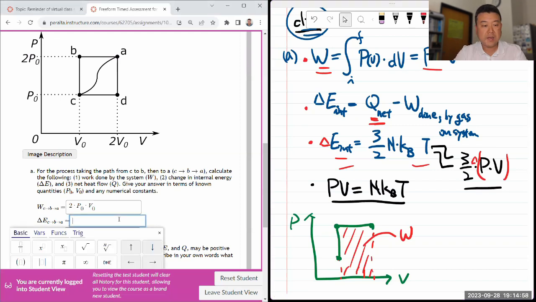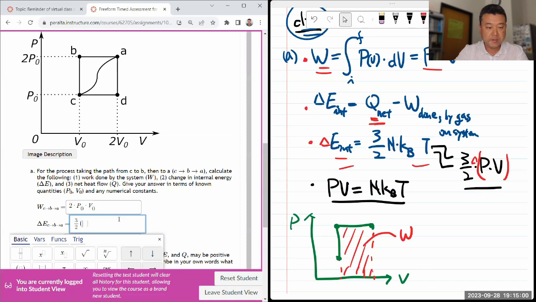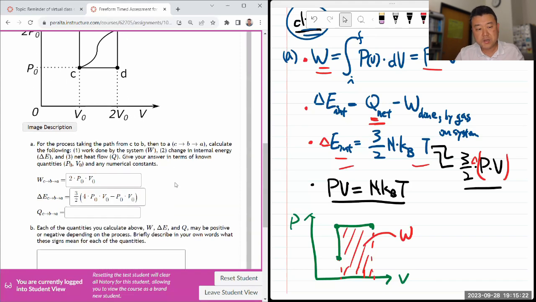So 3/2 first, and then the final pressure times final volume, which should be 2p naught times 2v naught, so 4 times p naught times v naught, minus the initial pressure and volume, p naught times v naught. And I don't think it really simplifies from here anyway. So that's the change in energy.